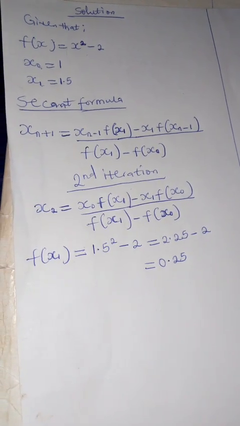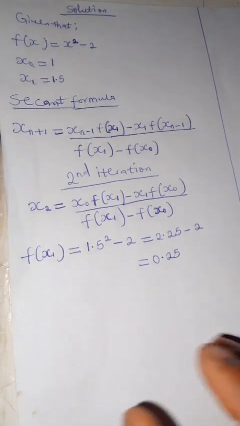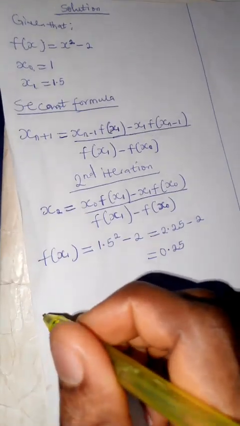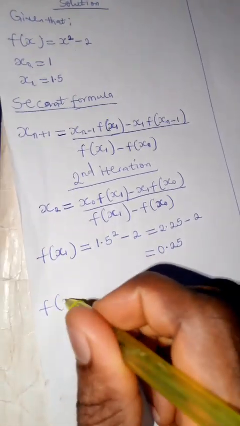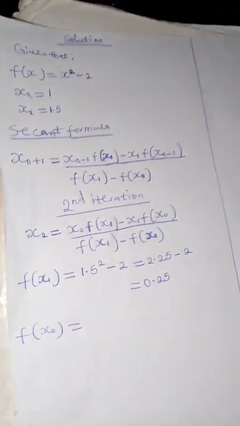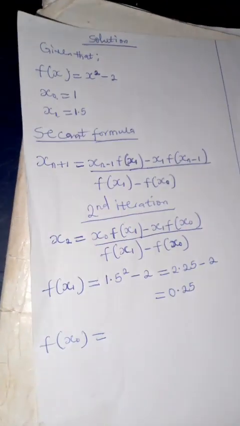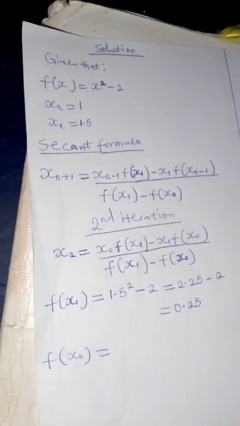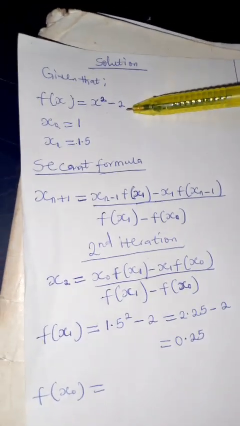Now the next step, we are going to look for f of x0. So f of x0 equal to, now x0 is also given as 1. We're going to substitute this 1 into this equation.